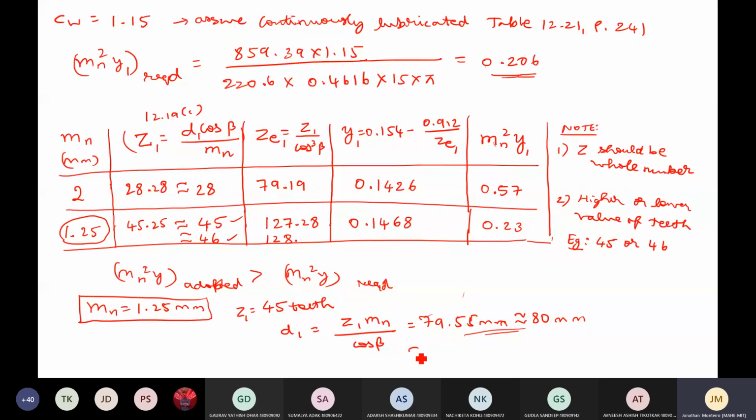Once D1 is set, D2 is 4 times this value, so it comes out to be 318.2 mm. Then you can calculate the face width. Face width comes out 15 times, so it is 18.75 mm. This is the requirement on the basis of strength. So from the strength point of view, we have properly solved this.